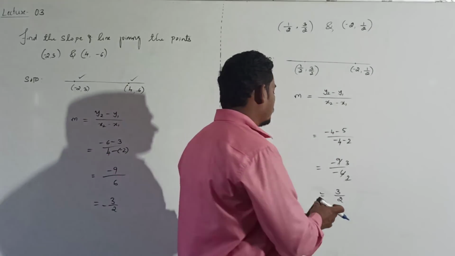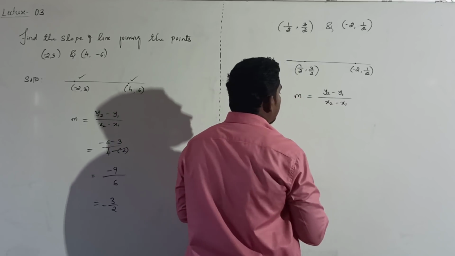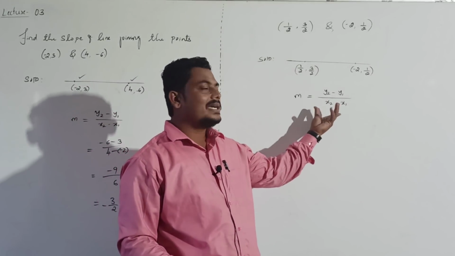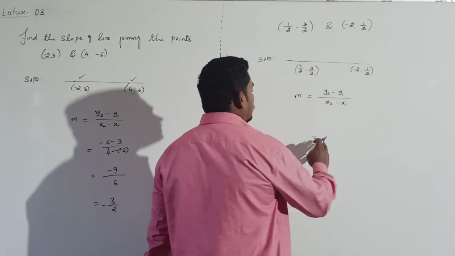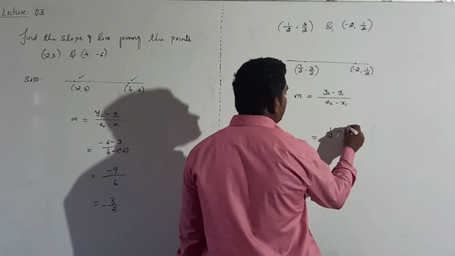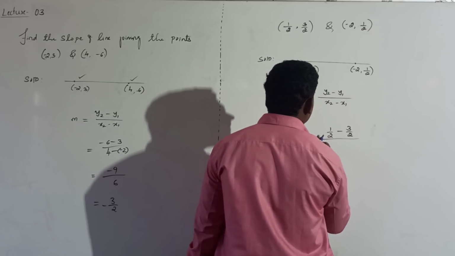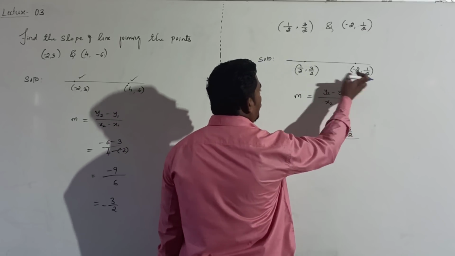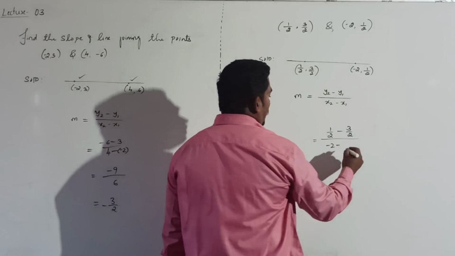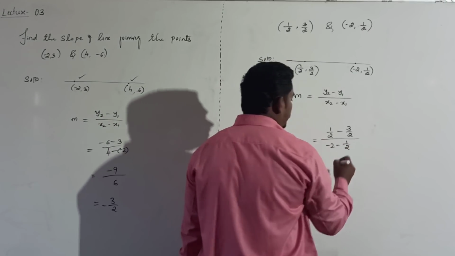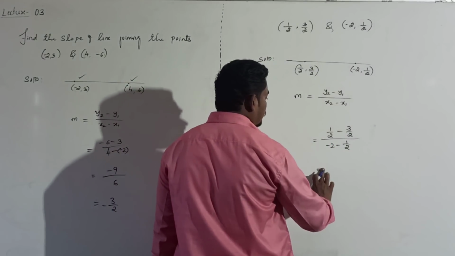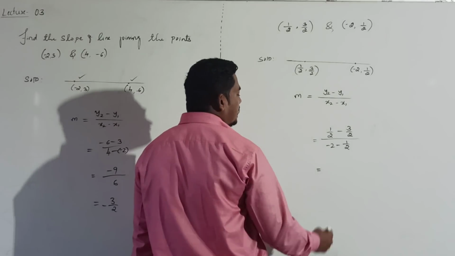Again same formula only. Next, m is equal to y2 minus y1 divided by x2 minus x1. This formula already derived, right? y2 is 1 by 2, minus 3 by 2, whole thing divided by x2 minus x1, minus 2 minus 1 by 2. Then taking LCM in the numerator and the denominator, right?